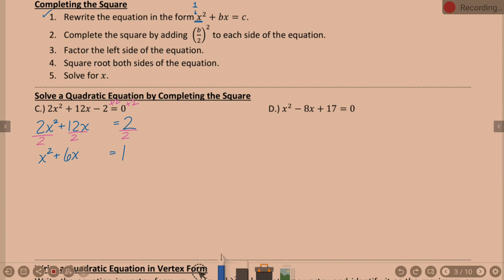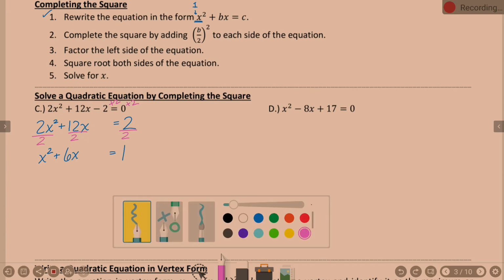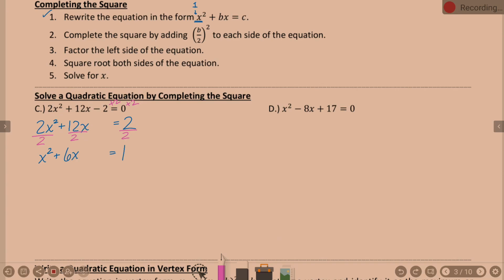Step 2, complete the square by adding b over 2 squared to each side of the equation, which means I have to start off by finding b. What is my b in this equation currently? 6. Yeah, make sure you look at the current b, which is 6.